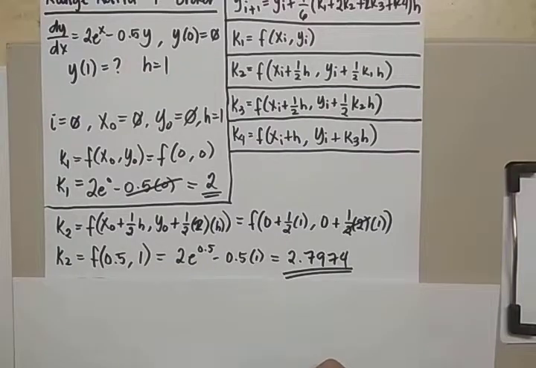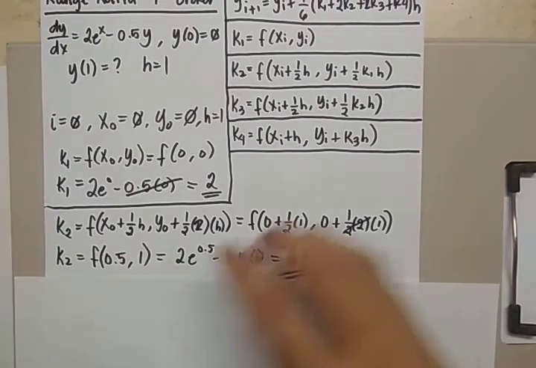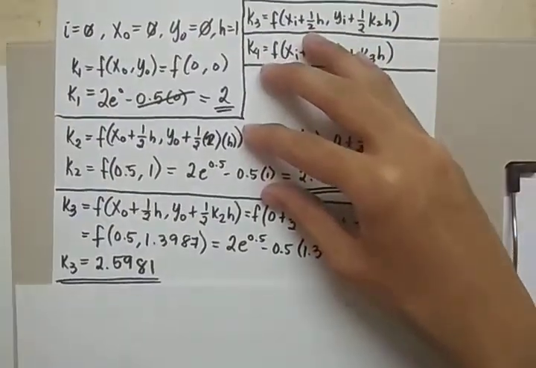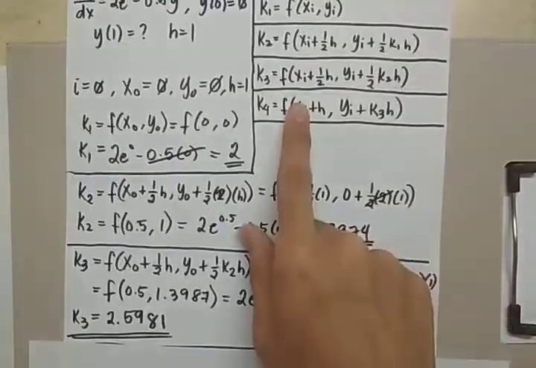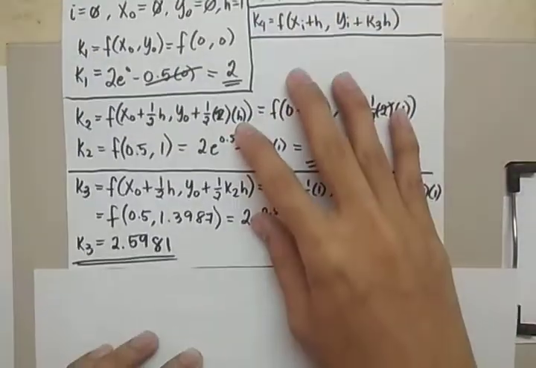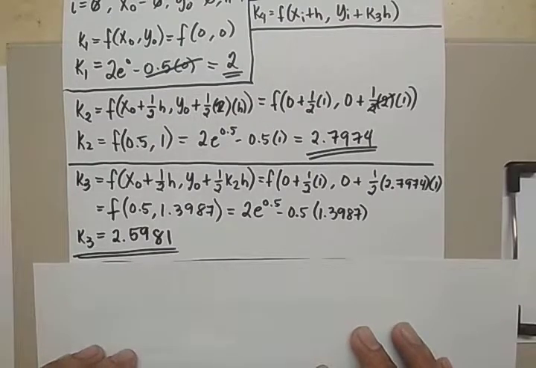So next, for our k sub 3, since we have our value for k sub 2, we will use this formula for k sub 3. So we have function of x sub 0 plus 1 half multiplied by h and y sub 0 plus 1 half multiplied by k sub 2 multiplied by h.